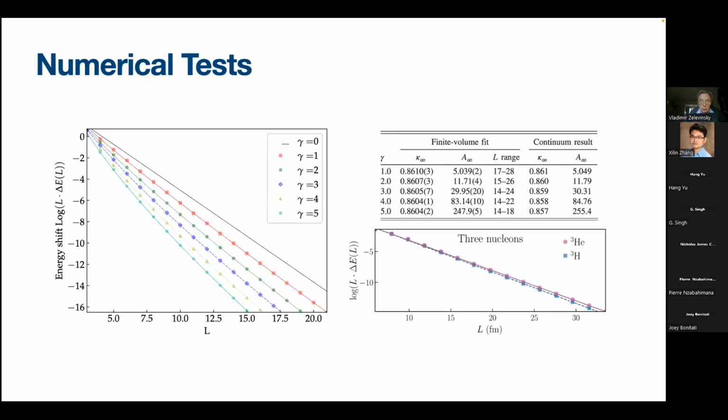Okay, here is some benchmark we ran against our model. On the left side, we see we use the O(a^3) improved lattice setup, and we gradually increase the Coulomb strength while keeping the binding momentum the same.